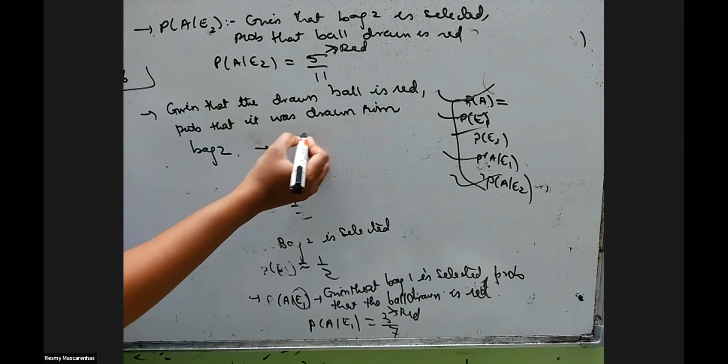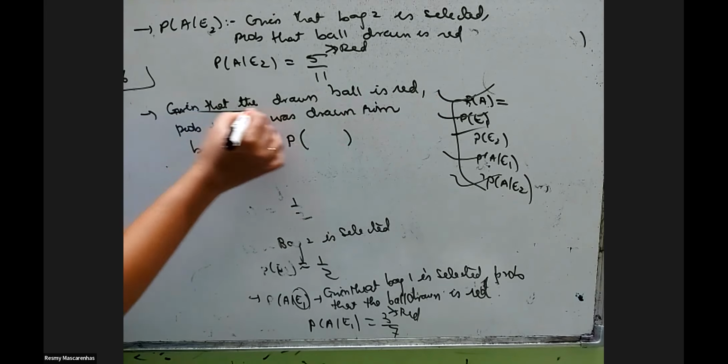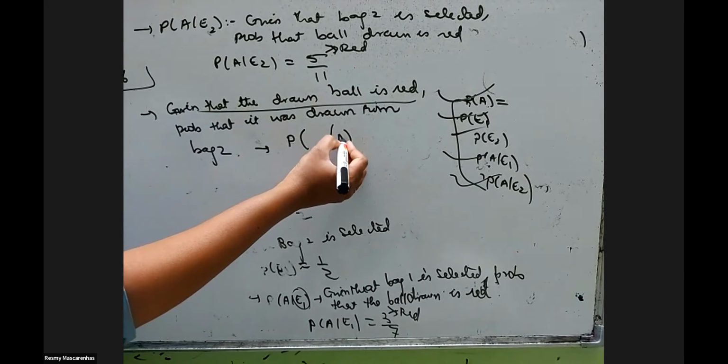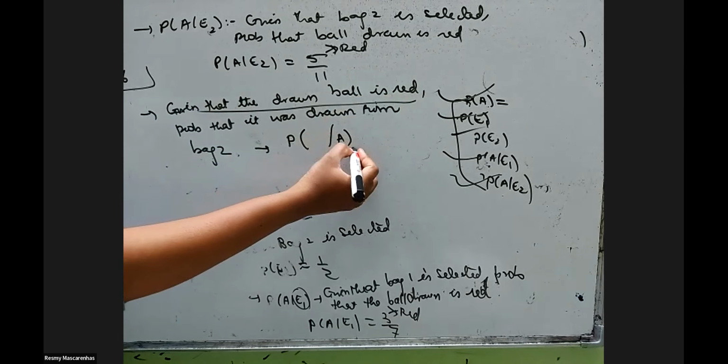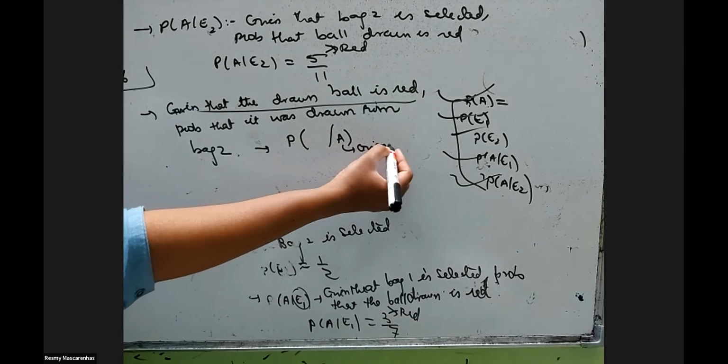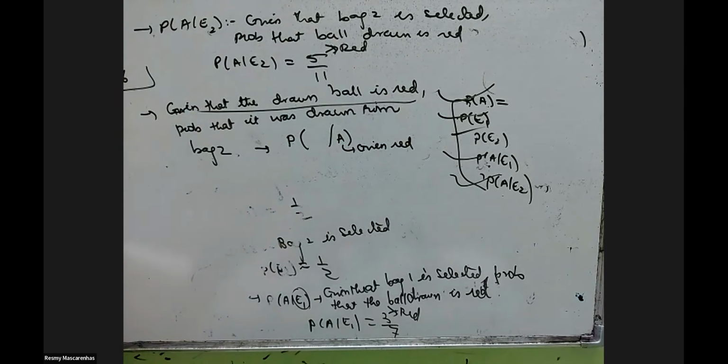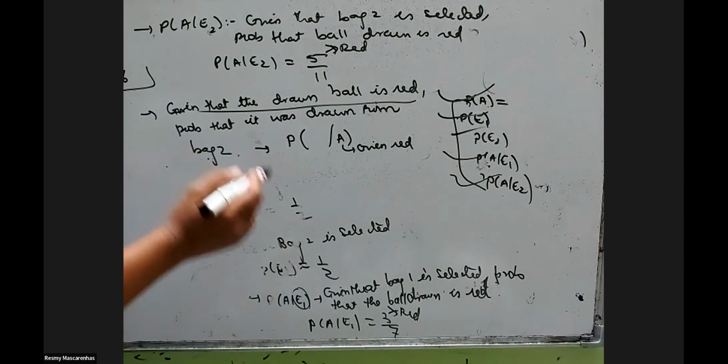Given that means, as I told you, given that the drawn ball is red, A will come to the denominator. Given that the ball drawn is red, probability that it was drawn from bag 2. Bag 2 means E2.